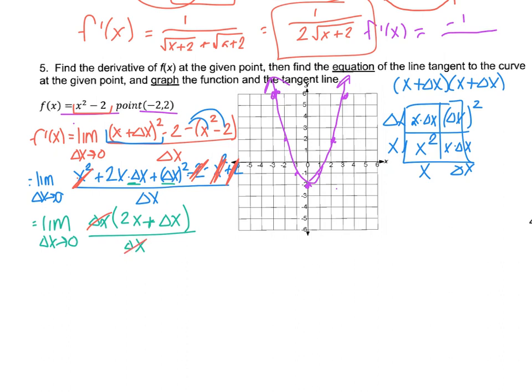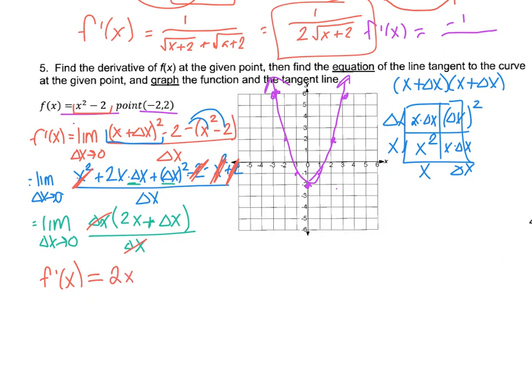So let's recap. We've got our limit, or our derivative, f prime of x, starting here, simplifies all the way to this limit as delta x approaches 0, where now we can use direct substitution and plug 0 in for delta x, and we're left with our derivative of simply 2x.